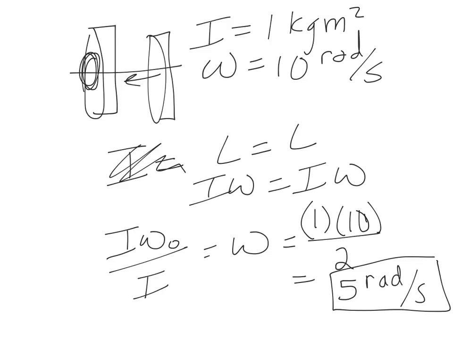And let's try to analyze that and see if that makes sense. A disk that's spinning at 10 radians per second collides with an identical disk, and they stick together, and now they're going to be spinning with double the amount of moment of inertia, so their angular speed should halve, and that is what happened. So hopefully that helps. We'll have some practice problems as well that you can do some independent practice on this concept.